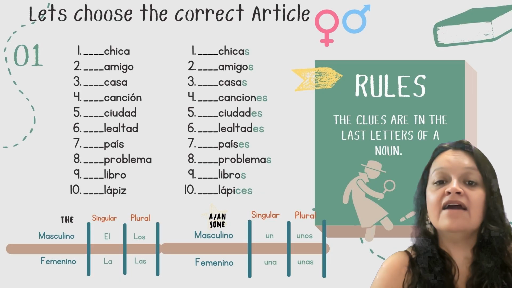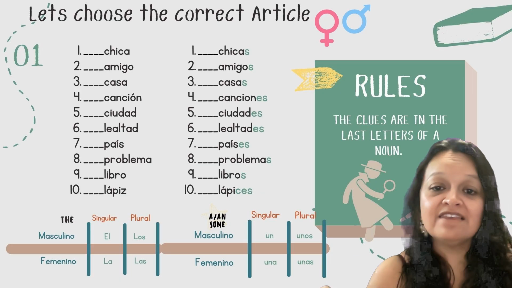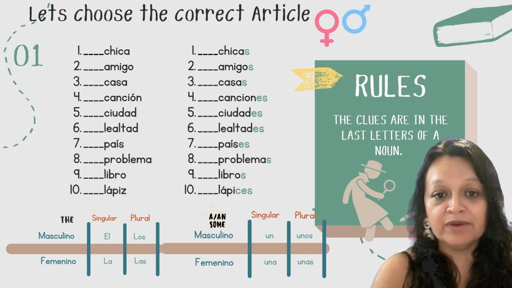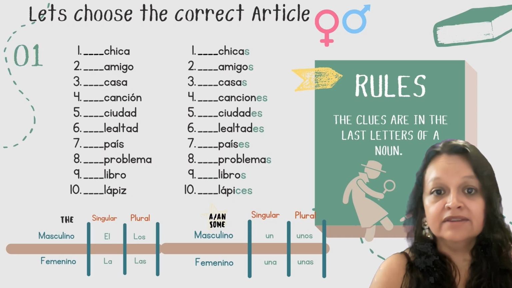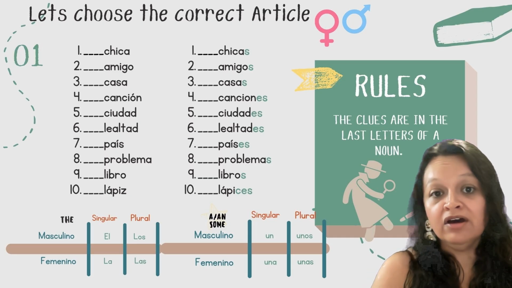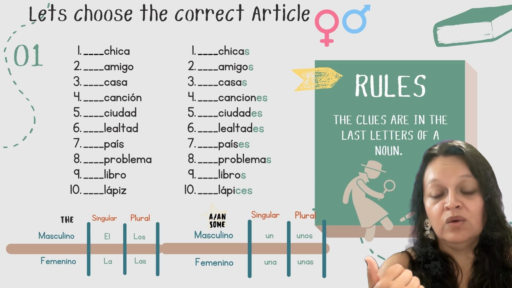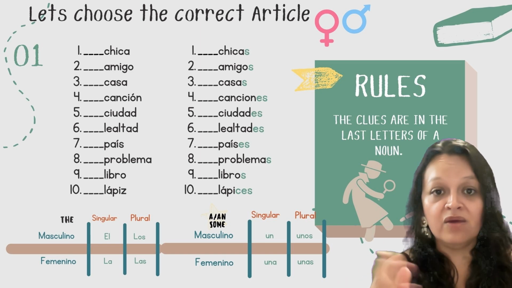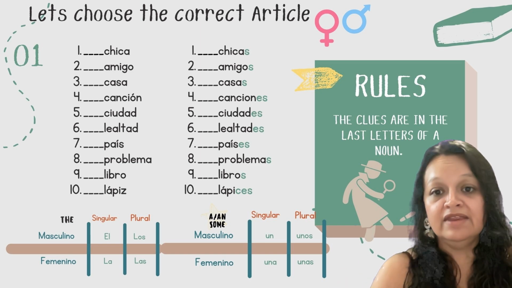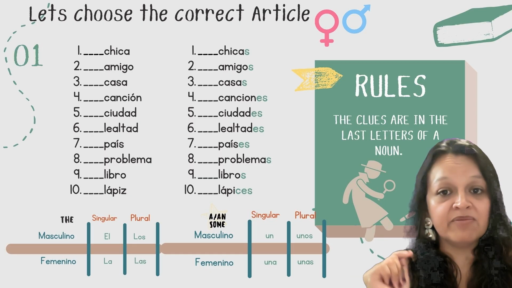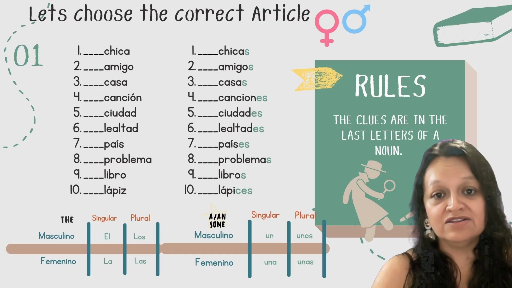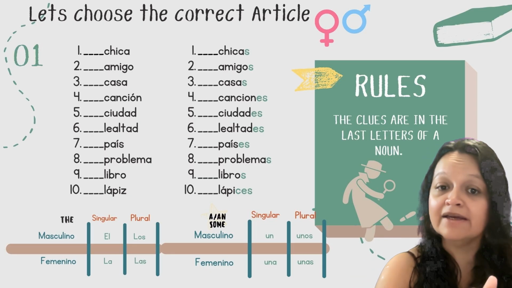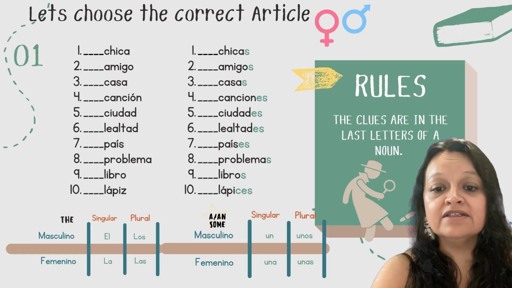And you're going to add the definite and the indefinite article in front. So what would it be? Chica. You could say the girl, or you could say a girl. I want you to put both of them in the space. And remember that the clue is in the endings of the word. So if you need to, go back and review the endings.